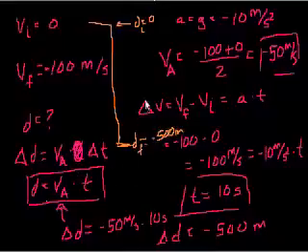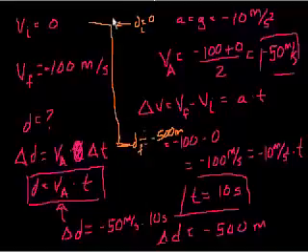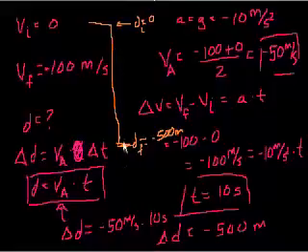Right? We could have done it the other way around, where we could have said this is plus 500 meters and then this is 0. But all that matters is really the change in distance, right? We're saying from the top of the cliff to the ground, the change in distance is minus 500 meters. And based on our convention, we said minus is down. So the change is 500 meters down. And that's the height of the cliff.